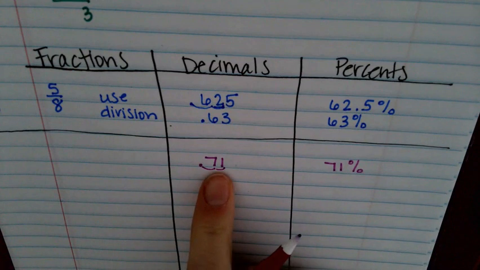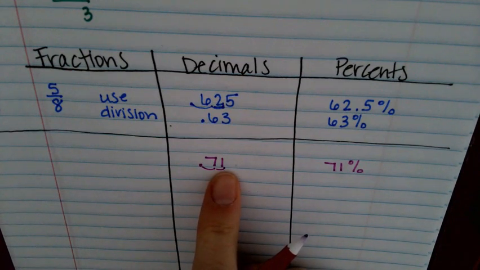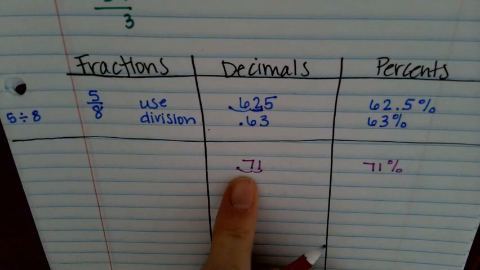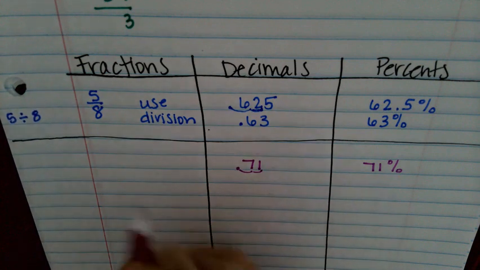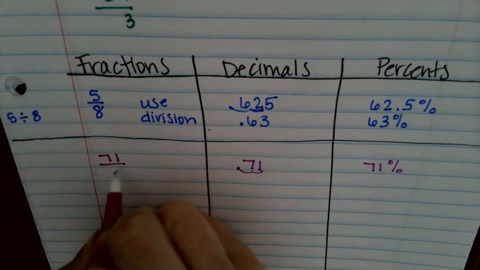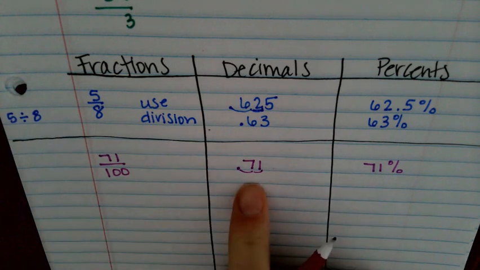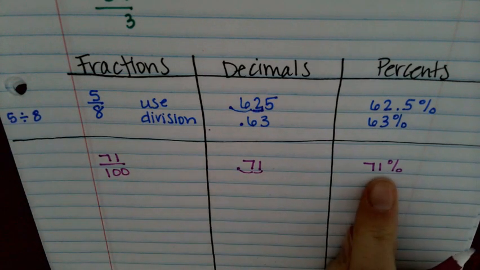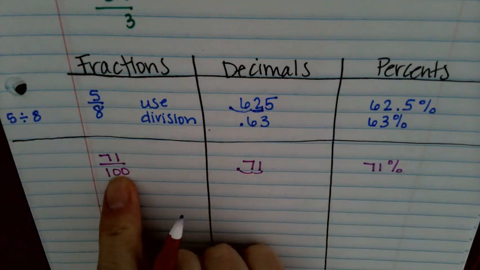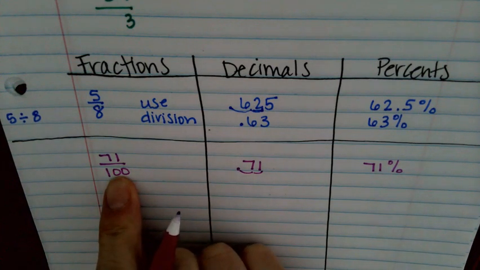But also, let's say this number out loud. 71 hundredths. It's a fraction. It's a decimal. I can just rewrite this as 71 hundredths. Also, percents are out of 100. So if I have 71 out of 100, I have 71%.